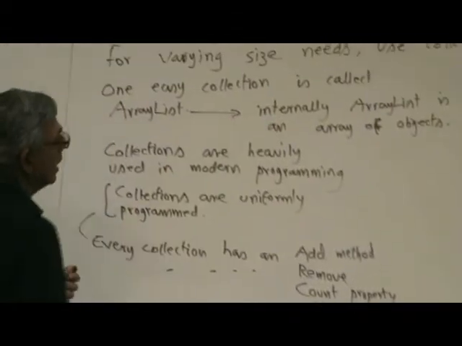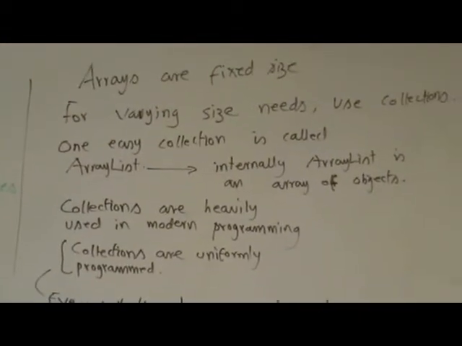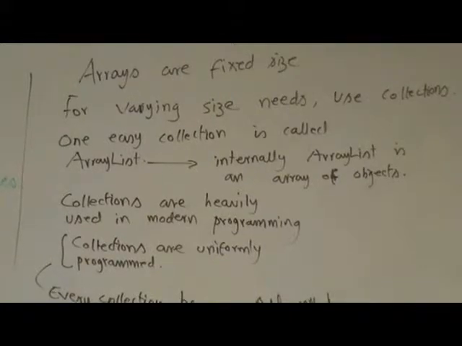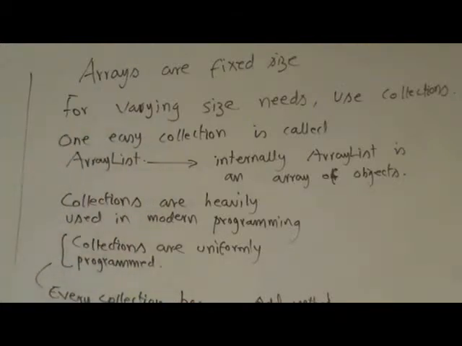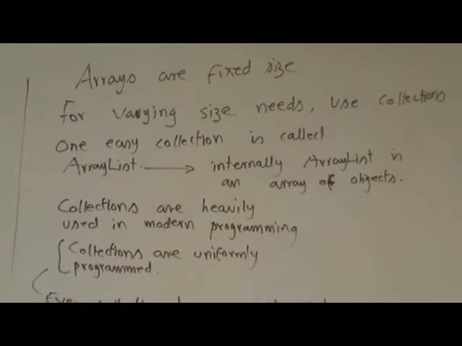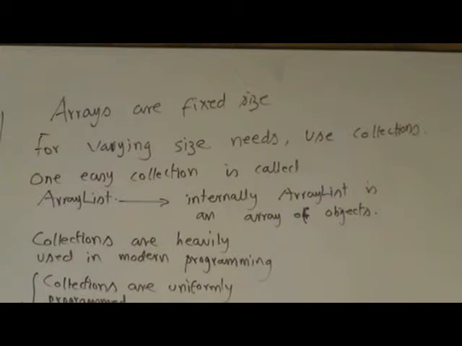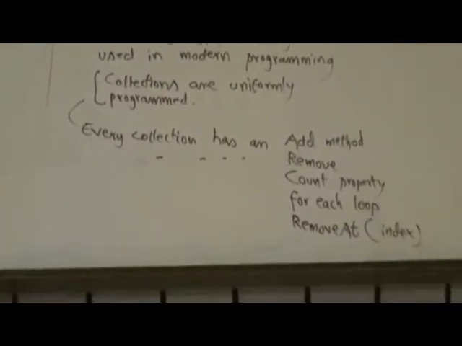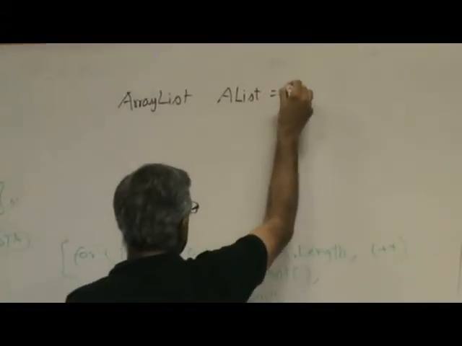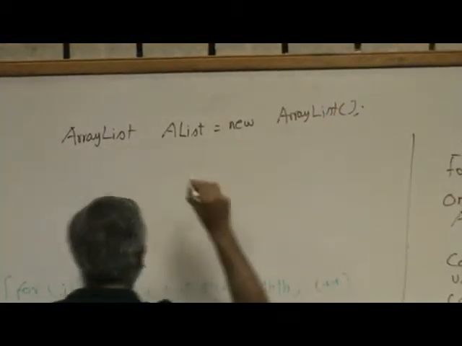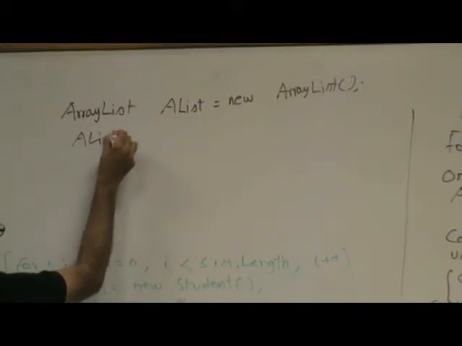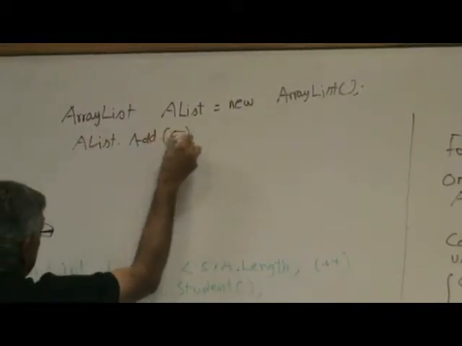Now, because internally an array list is an array of objects, as we discussed, anytime we store something in the array list, it becomes an object. So suppose we wrote some code, array list, let's say a list equal to new array list, and suppose you did a list dot add 5.